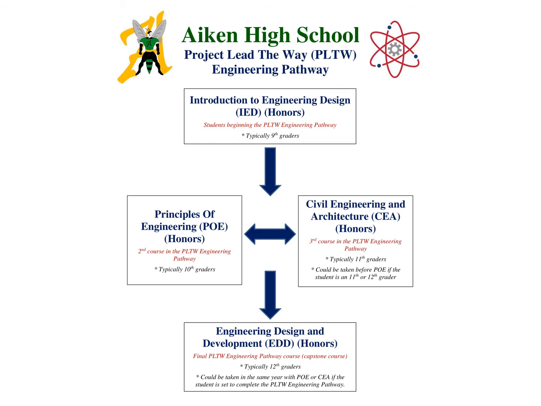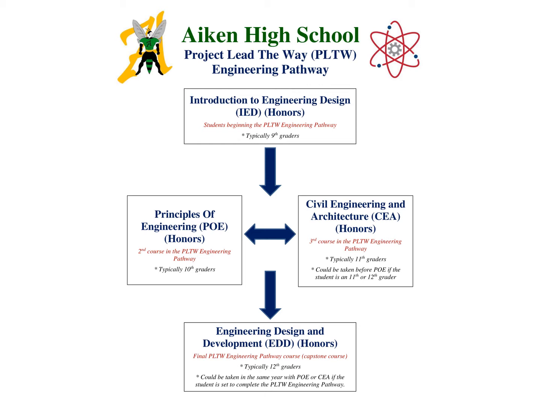Here is the engineering pathway that students will take here at Aiken High School. This is a standard or typical pathway that students will take. This pathway can be modified depending on a student's grade level. Students will first take Introduction to Engineering Design, then they take Principles of Engineering, then Civil Engineering and Architecture, and then finally Engineering Design and Development.